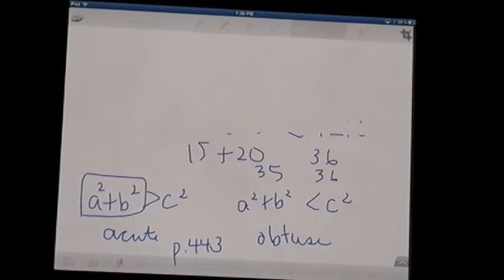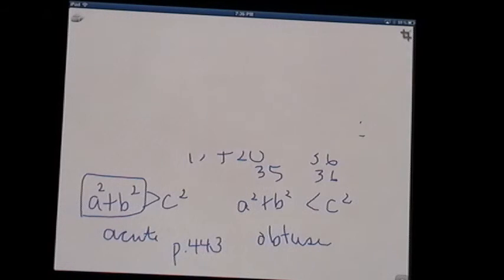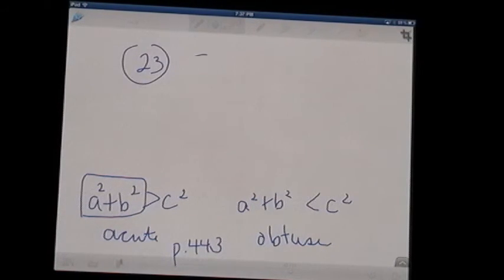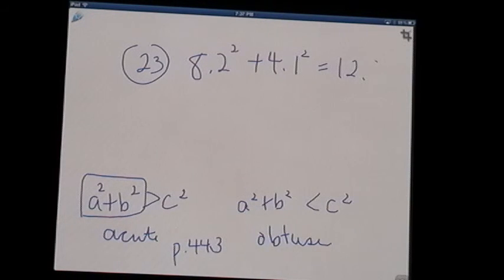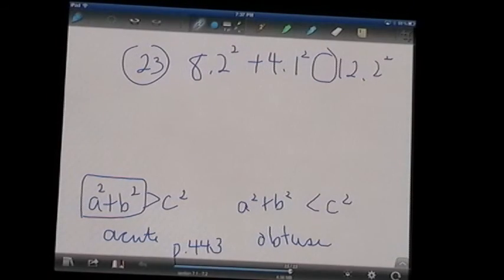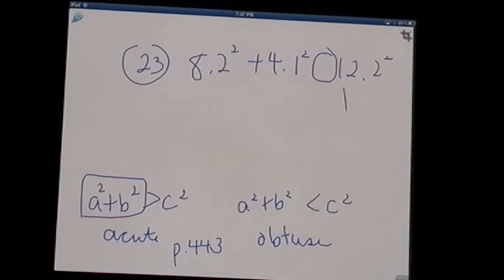Okay, let's do number 23. 8.2 squared plus 4.1 squared and 12.2 squared. Once again, I've put an equal sign there, and I should not have. Okay, 12.2, I definitely can't do these in my head, squared is 148.84.